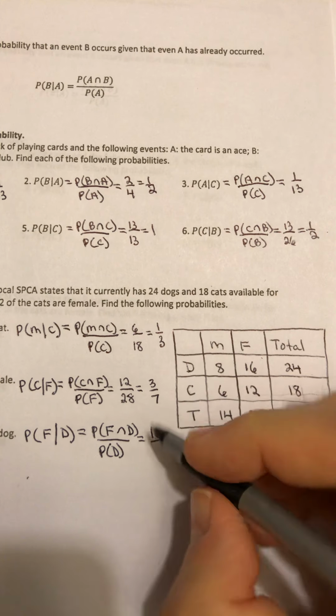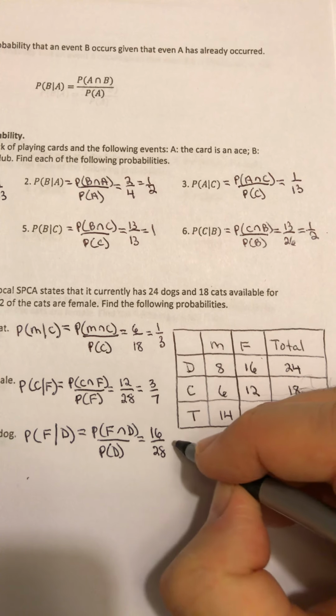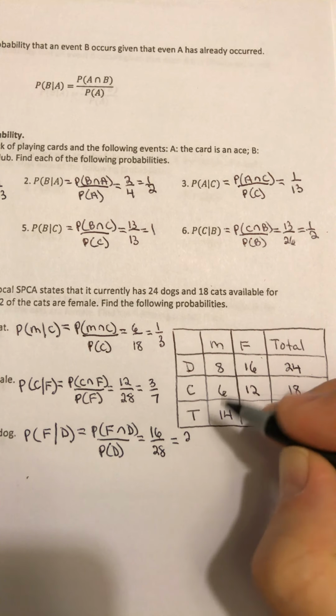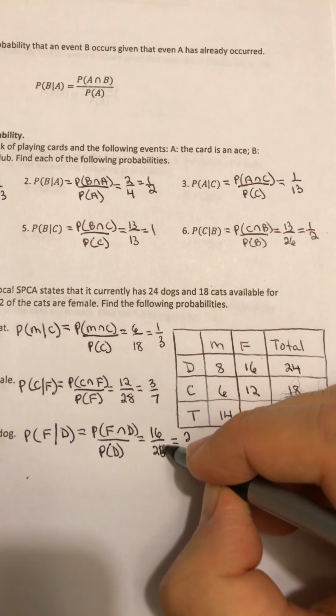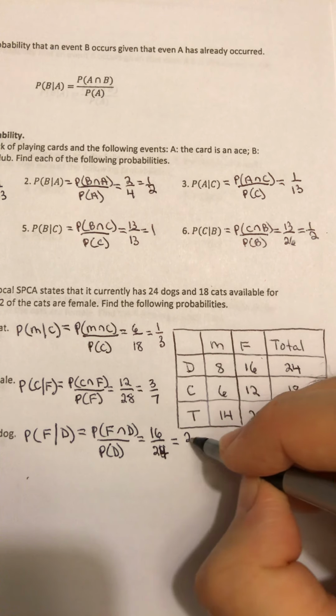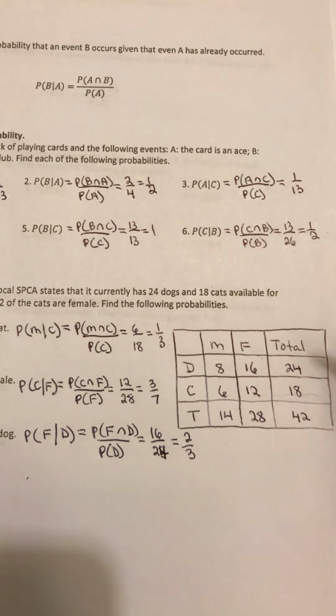Dog, 24. If you reduce that, it'll be, oops, I almost did that wrong. Why did I put a 28? That's 24. So that is 2/3.